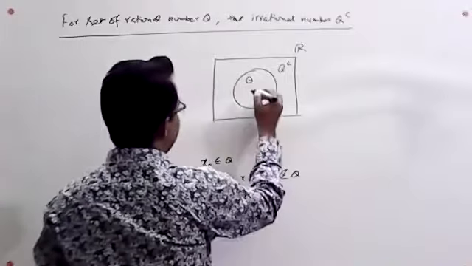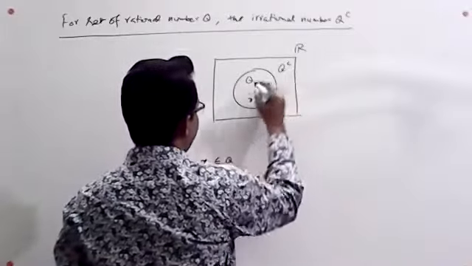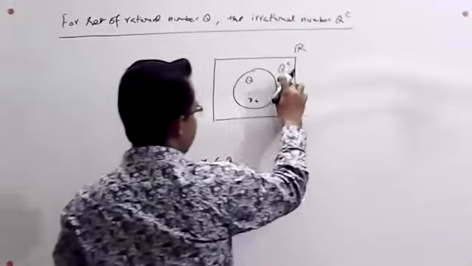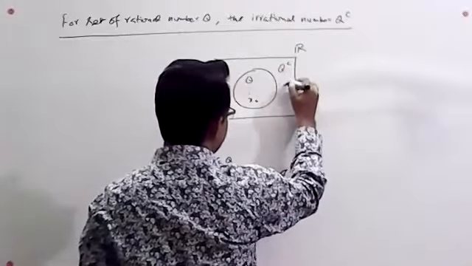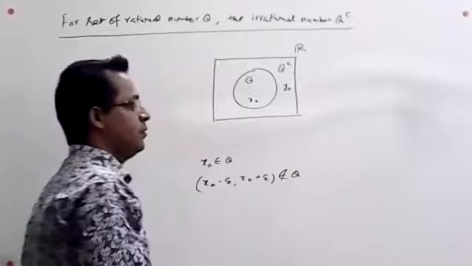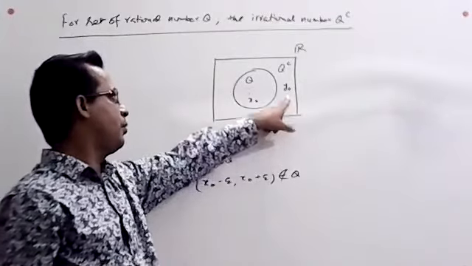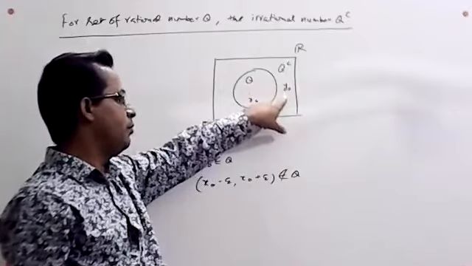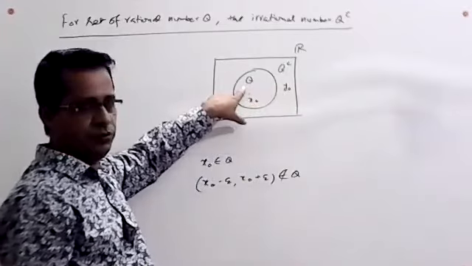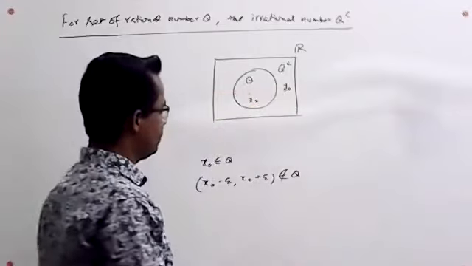If we take a point from its complement, that is from Q complement, say it is y0. If y0 is an interior point of Q complement, then this point will be called an exterior point of Q. Here it is a similar thing.